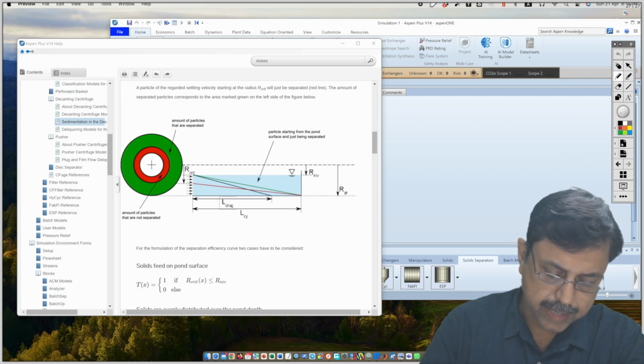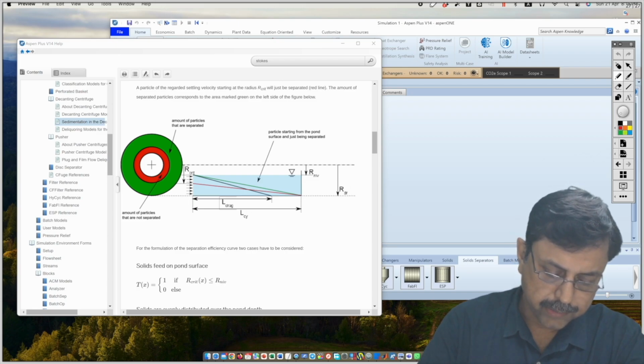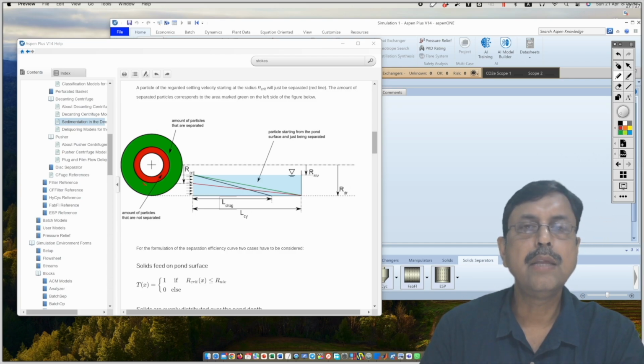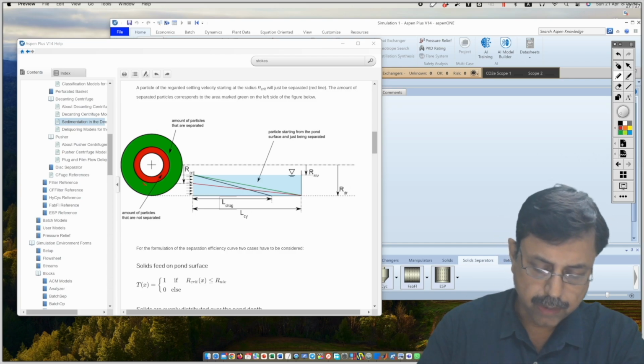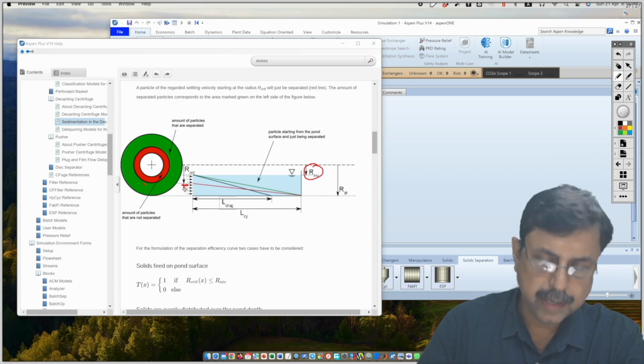Now this red colored annulus is very important because this is the portion through which the liquid escapes. So ideally this R neve should always be greater than R cret. This is the critical.